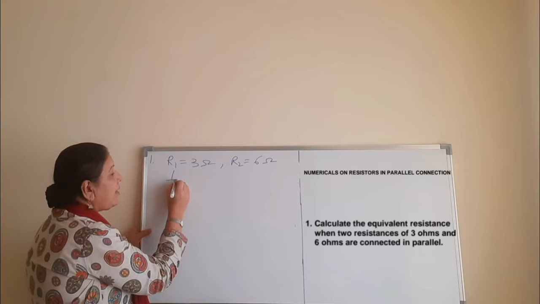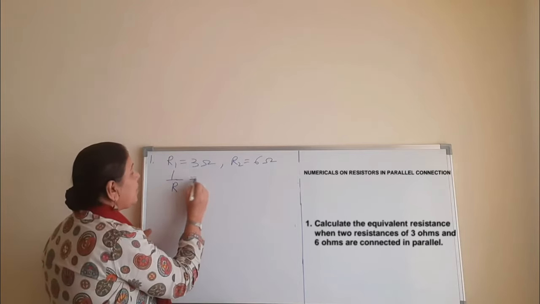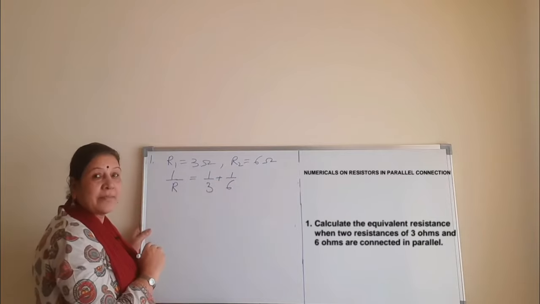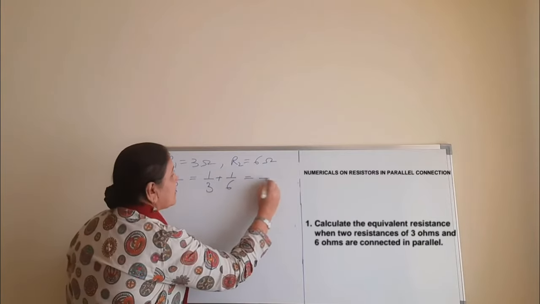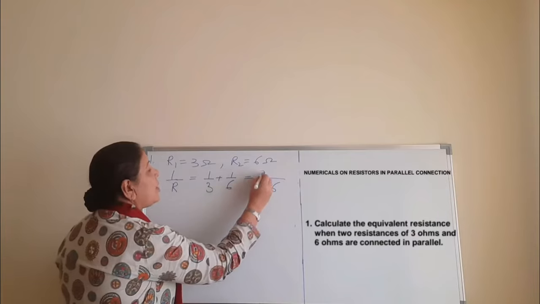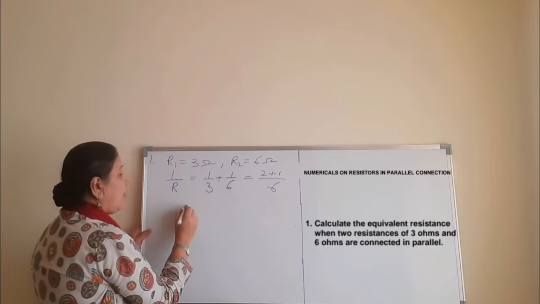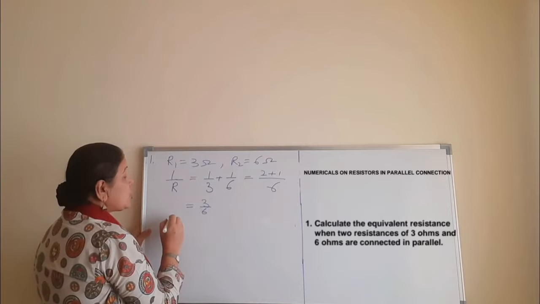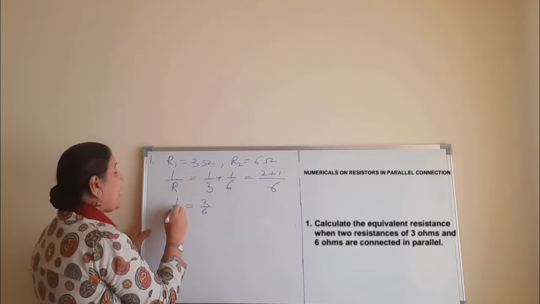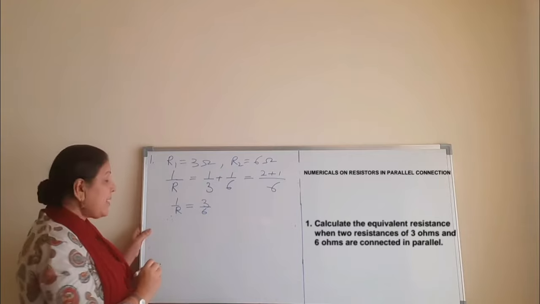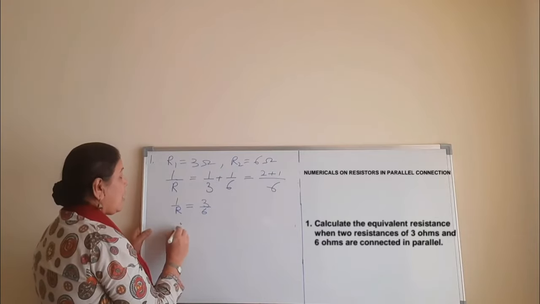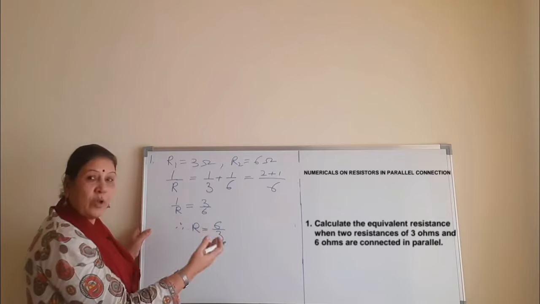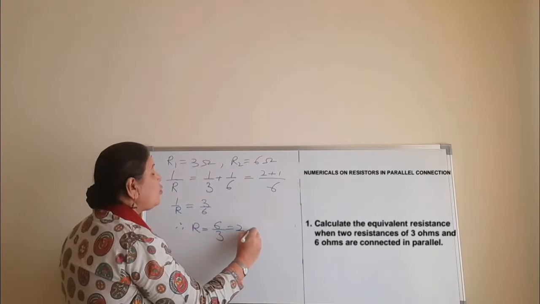So what will be R, the total resistance? 1 upon R equals 1 upon 3 plus 1 upon 6, which is 2 plus 1, 3 by 6. Because 1 upon R is equal to 3 by 6, R will be the reciprocal of that, 6 by 3, which is equal to 2 ohms.